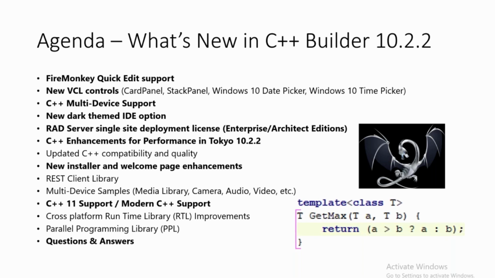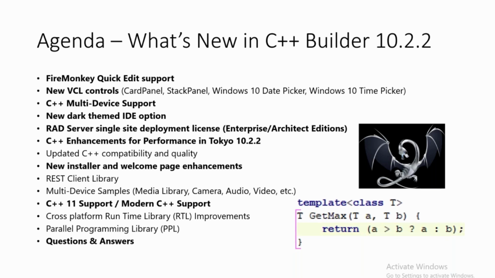We'll take a quick look at the new dark themed IDE option, and that's designed for nighttime work and for any developer who prefers working with dark styled applications. This next item we're pretty excited about.